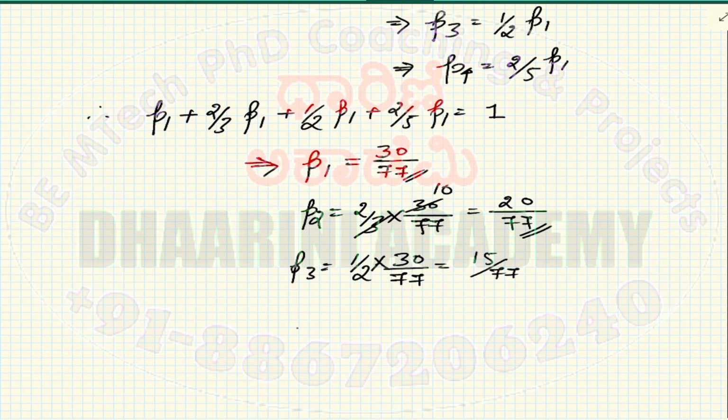So we can find P4 equal to 2 by 5 times 30 by 77. This cancels with 6, so this is 12 by 77.